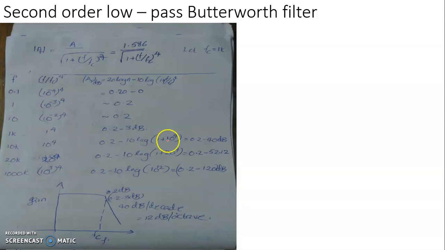So this is logarithm of 10 raised to 4, that is 4 into 10, 40 decibel. So once the frequency of the input signal beyond the corner frequency is incremented by 10, a decade increment, the gain is reduced by 40 decibel.